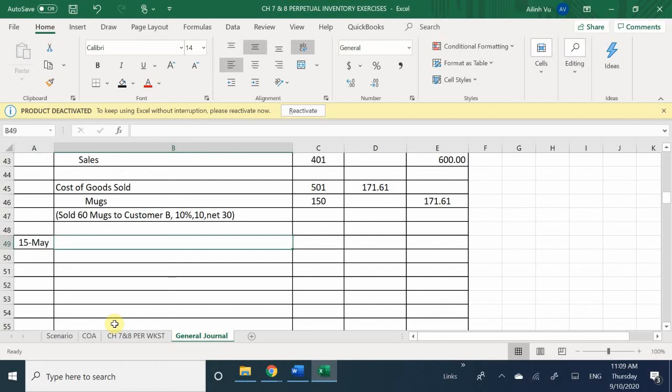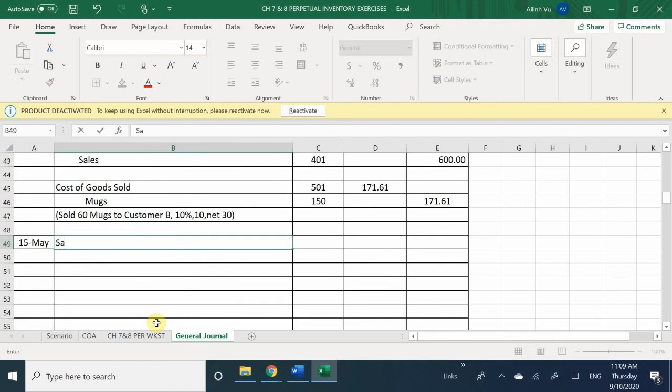And what is the normal balance of sales? Sales is credit. So this contra account, how are we going to journalize it? Debit. Good, there you go.